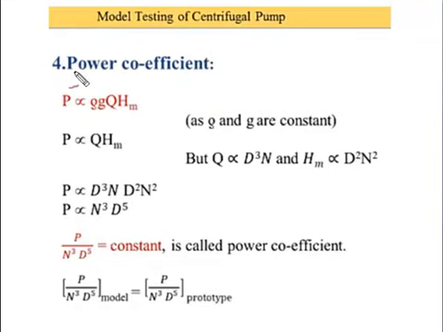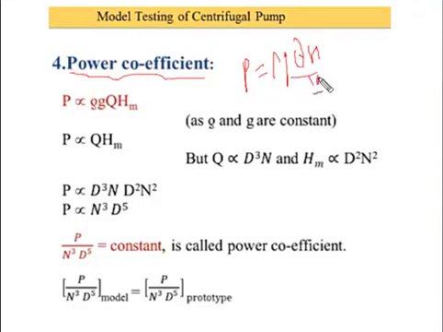Here is the fourth parameter on which we can test a prototype model of a centrifugal pump, that is power coefficient. Here we know that power is equal to rho g q into h divided by 1000, in kilowatt. This is the power.